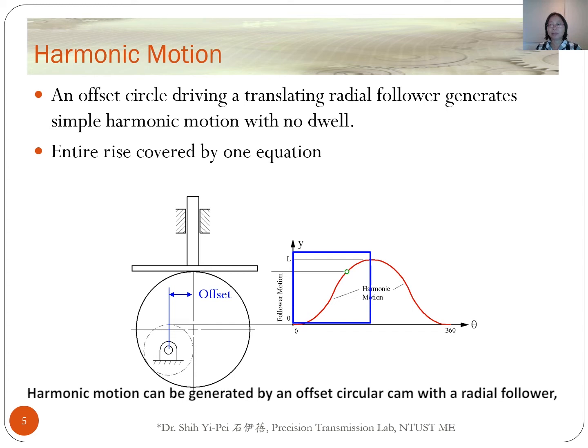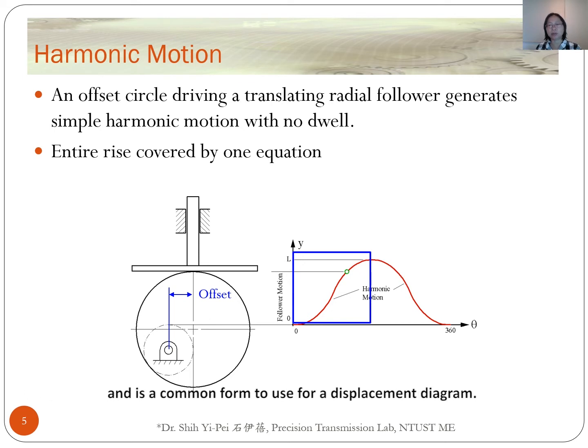Harmonic motion can be generated by an offset circular cam with a radial follower, and is a common form to use for a displacement diagram. Cams with this type of transition curve are usually referred to as harmonic cams.